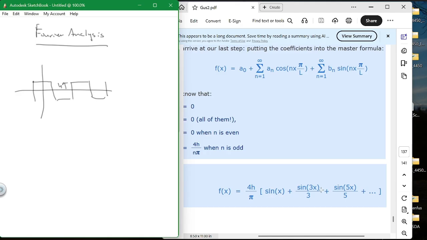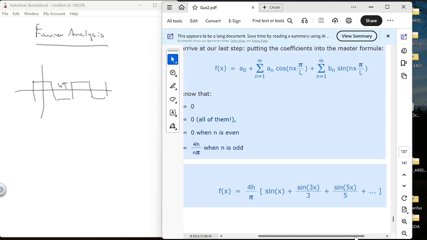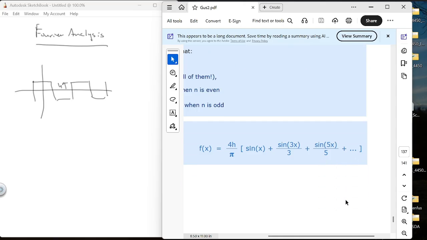There they are, and there's the height of each of the ones as they go up in order. Notice that as they go higher, they get less, but they don't go away until they get really, really big. But that's it.